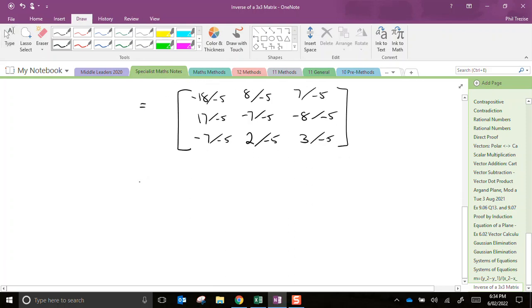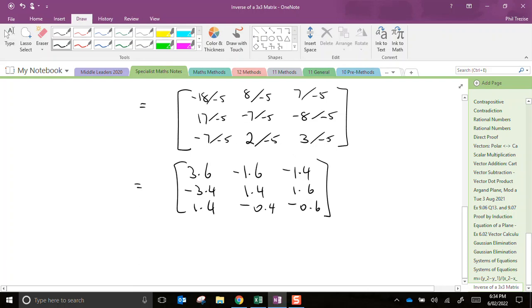And finally, writing this in simplified form, we get 3.6, negative 1.6, negative 1.4, negative 3.4, 1.4, 1.6, 1.4, negative 0.4, and negative 0.6.